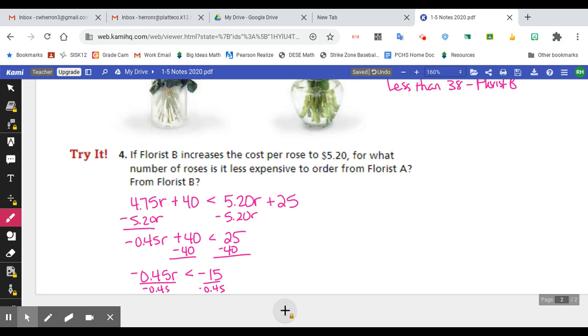Okay, and we flip because it's a negative, so R is greater than, and you get 33.3 repeating. So for this one, if you're going to order more than 33 roses, you should do florist A.